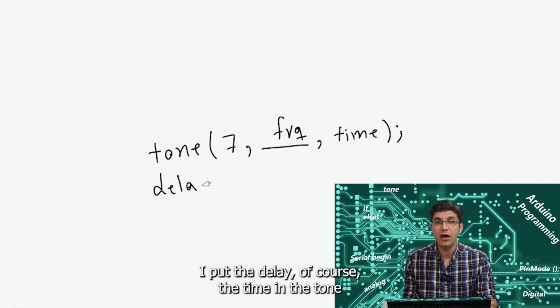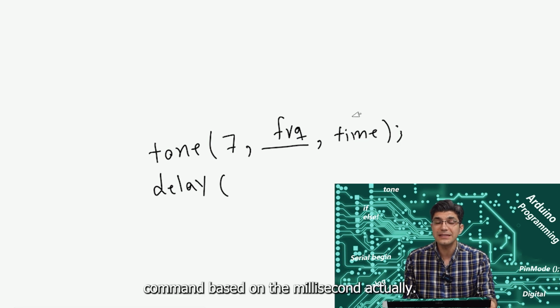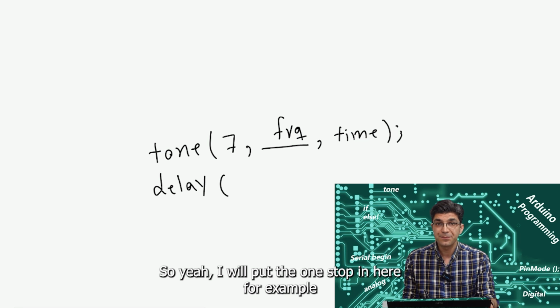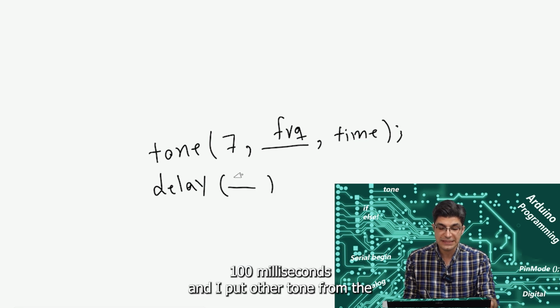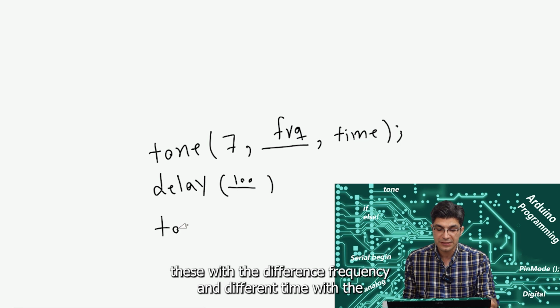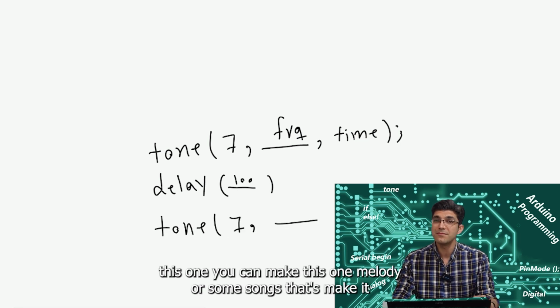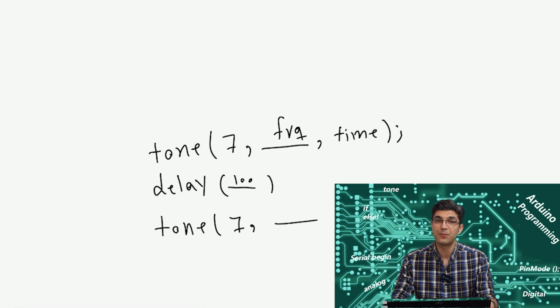Of course, the time in the tone command is in milliseconds. So I put a stop in here, for example 100 milliseconds, and I put another tone with a different frequency and different time. With this you can make a melody or some songs.